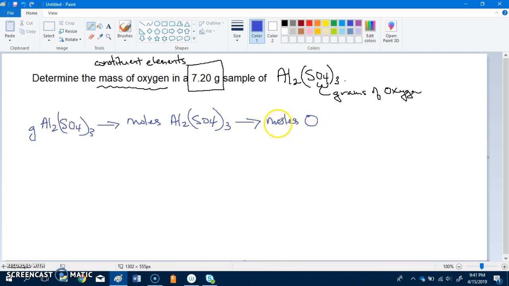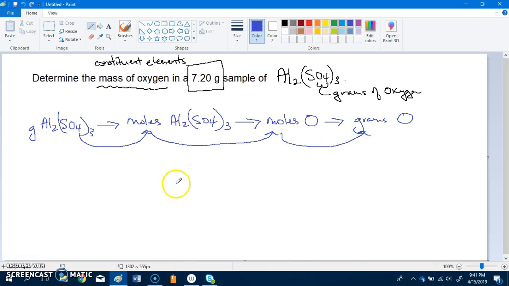That's the big one, because once we have our moles of oxygen, we can then go to grams of oxygen. So in order to go from mass of aluminum sulfate to the mass of our constituent element of oxygen, we're looking at 1, 2, 3 conversion factors that we have to multiply our sample by.